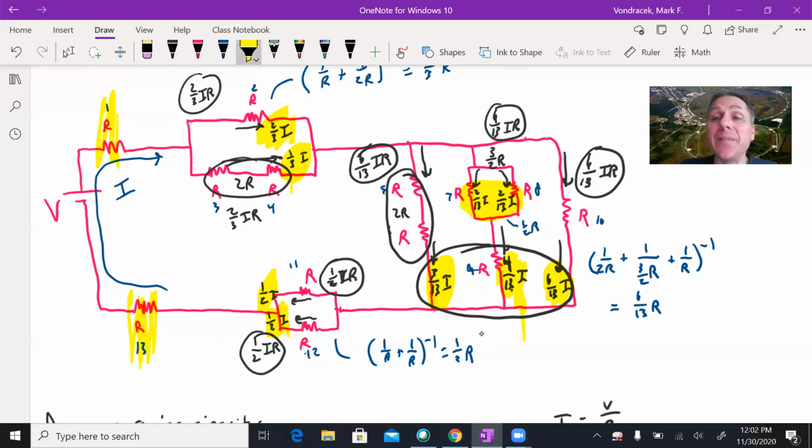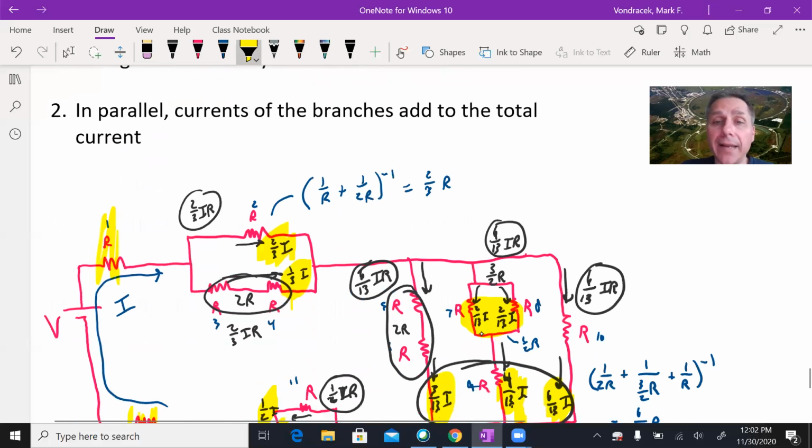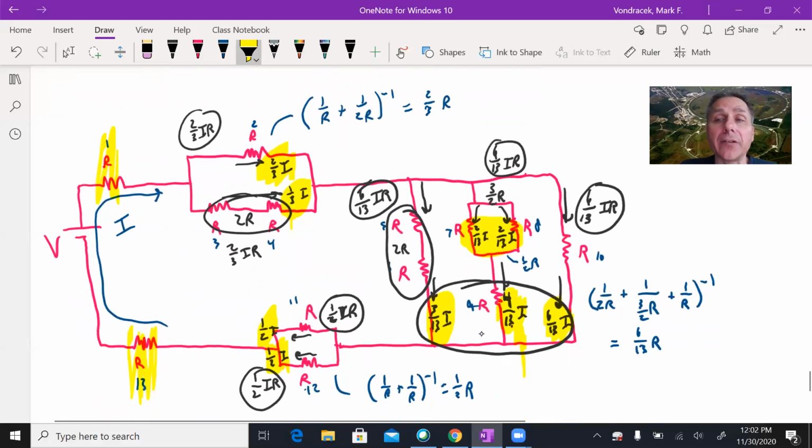It's a mess, but we can do this with just a handful of rules that we apply over and over. If we understand those rules, understand the concepts behind how current works, we can figure out weird things like this. I know there's a lot here. If this is kind of new to you, you might want to watch how I work through this a couple times.